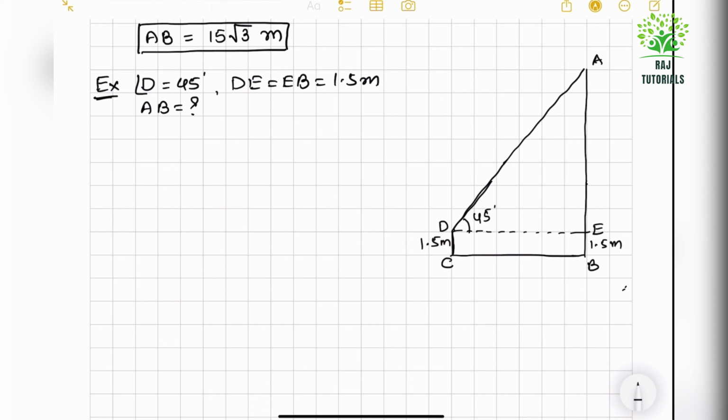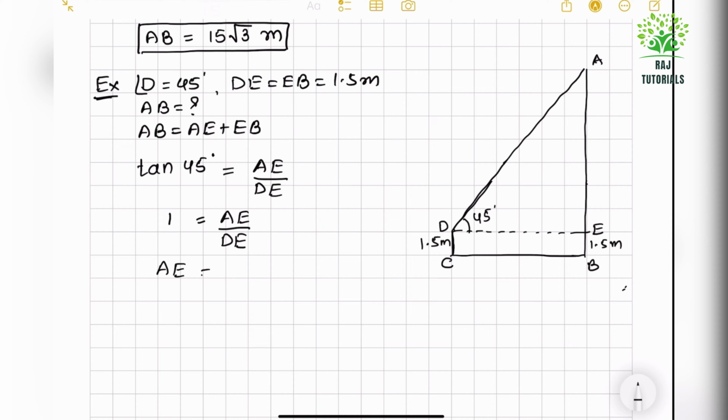Now he is asking me AB. To find AB, the first thing I am clear about is AB equal to AE plus EB. Now if I take the relation of tan 45, that will be AE upon DE. So tan 45 is nothing but 1. AE I don't know, DE also I don't know, but here I came to one relation, AE equal to DE.